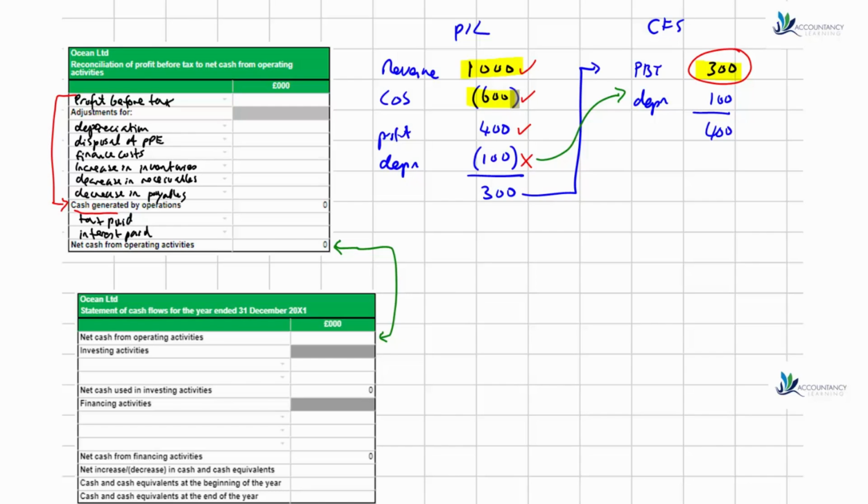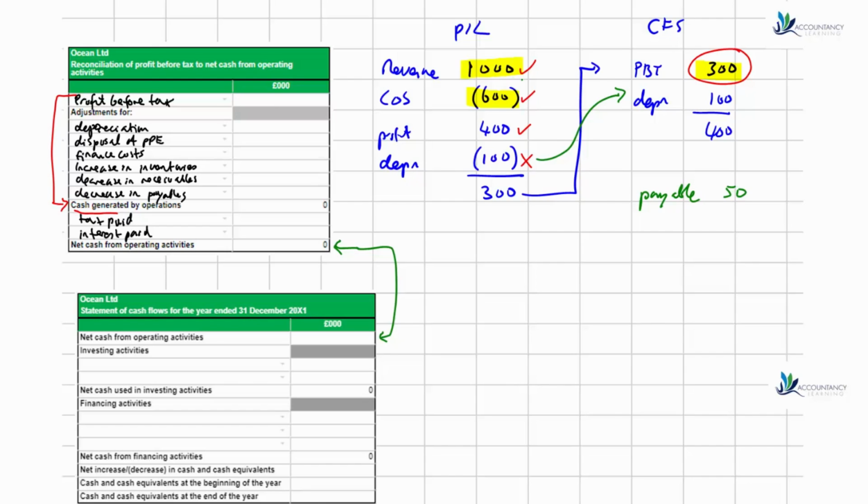And similarly with our costs, we assume that there was no payable, so the 600 was simply the cash expense. But if there were payables, then we'd still owe some money, and therefore we need to make an adjustment to find out how much cash we'd actually paid. So let's imagine that there was a payable of 50.